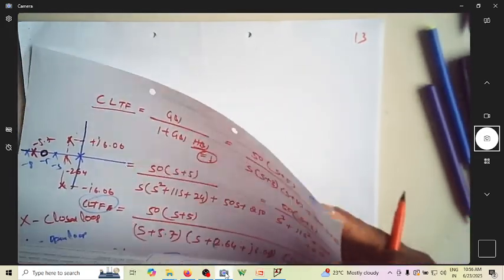In the first problem we got the same answer, but we had to go around.